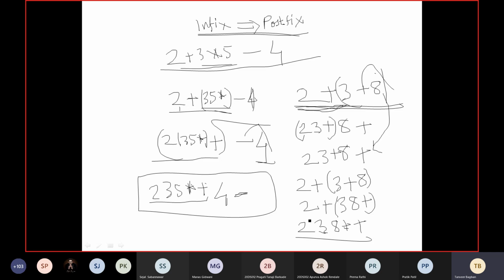Now consider this as a postfix expression: 2 3 8 plus plus. Here I will show you how these expressions are evaluated.